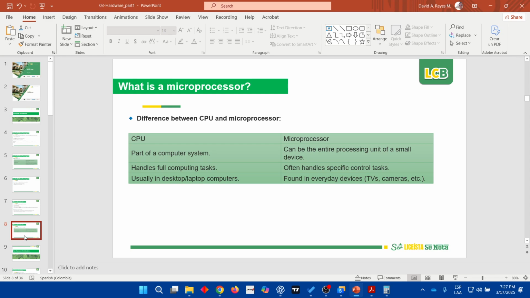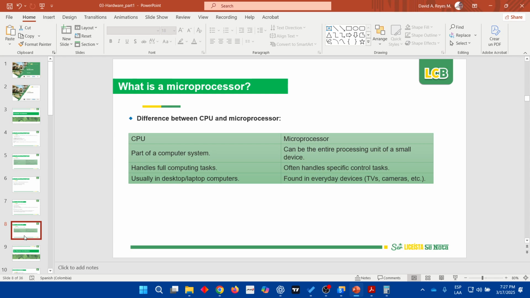The CPU handles full computing tasks. The microprocessor often handles specific control tasks. The CPU is usually in desktop and laptop computers, and the microprocessor is found in everyday devices like TVs, cameras, and smartwatches.